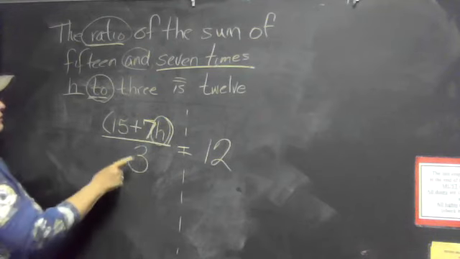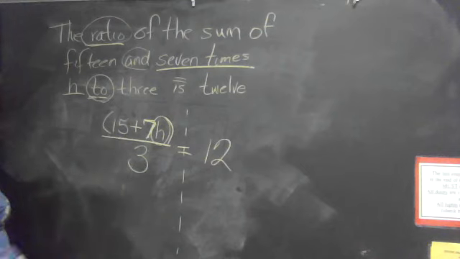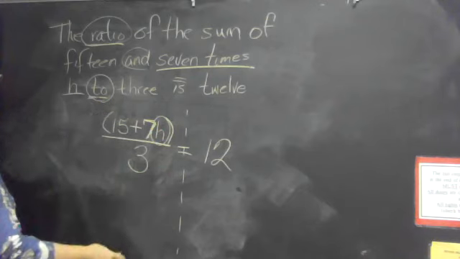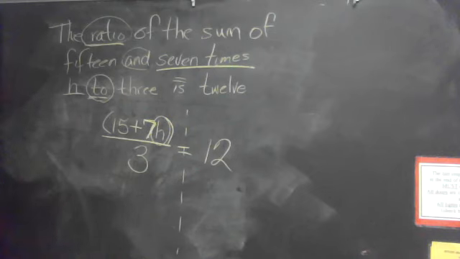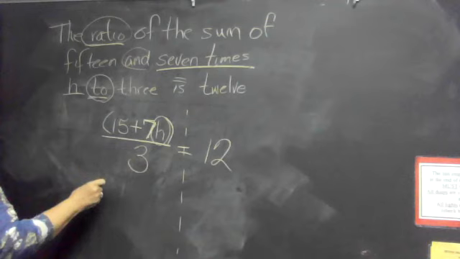We're going to have to get rid of the 3. We're going to have to get rid of the 15. We're going to have to get rid of the 7. But since this is in parentheses, we know we can't go up there and get the 7. We can't go up there and get the 15. So we're left with the 3. And the 3 is what we want to get rid of anyway, right? So we're going to focus on the 3. How is it hooked to the rest of the problem?